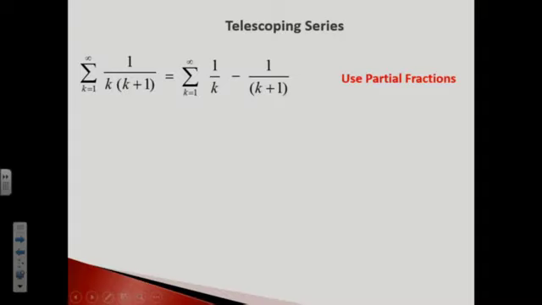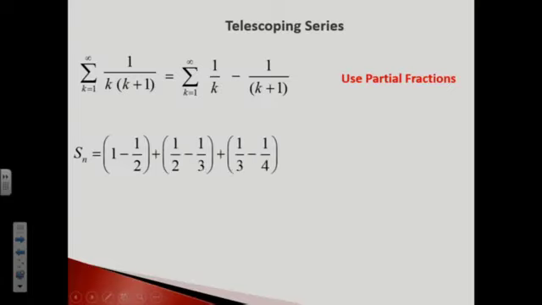The partial sum Sn is 1 minus 1/2 plus 1/2 minus 1/3 plus 1/3 minus 1/4 plus etc. plus 1 divided by n minus 1 divided by n plus 1.